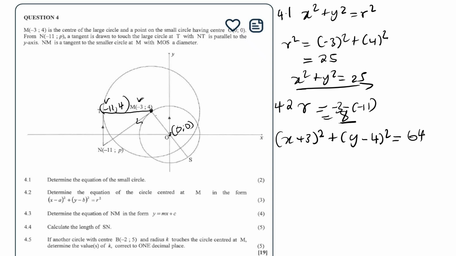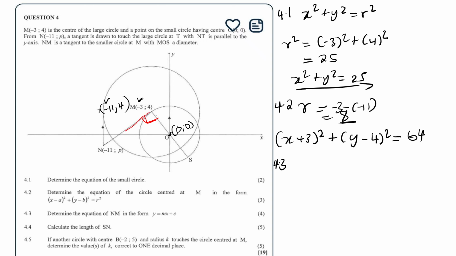Therefore, 4.3: determine the equation of NM in the form y = mx + c. To find the equation of NM, you have to know that a tangent is perpendicular to a radius.